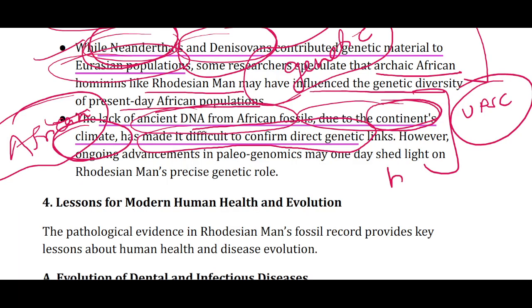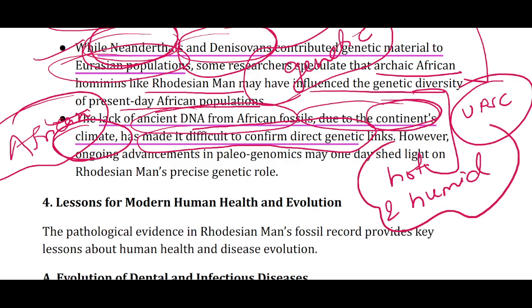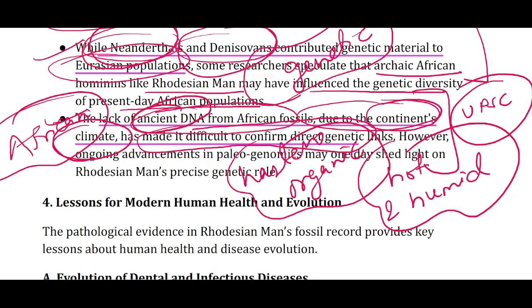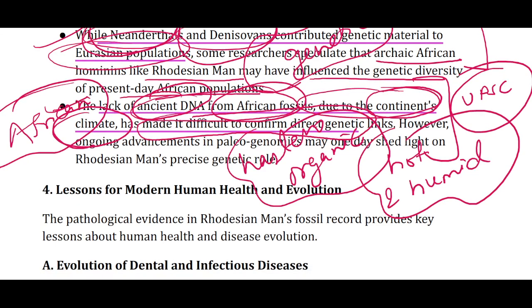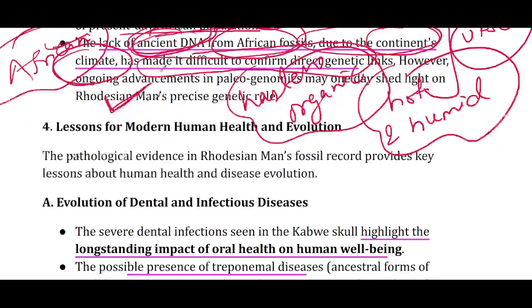This hot and humid climate hastens the decomposition of organic material. So that's why the ancient DNA from most of the fossils cannot be recovered. But all eyes are on modern DNA techniques that can extract DNA from these ancient sites.